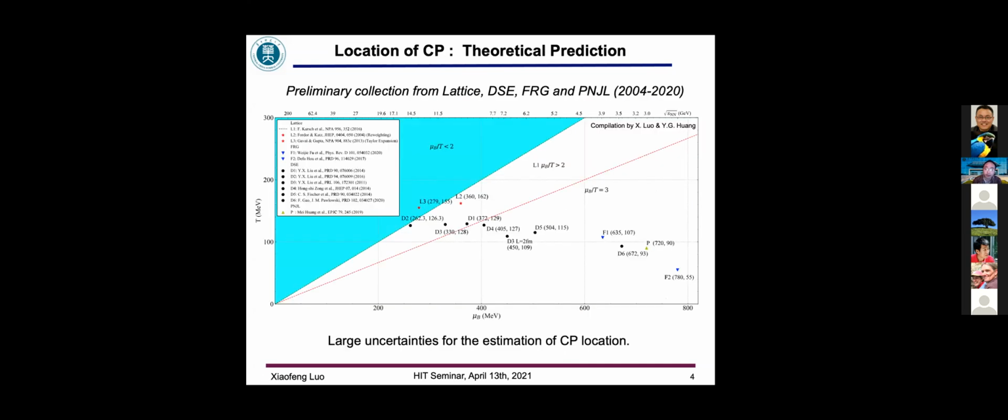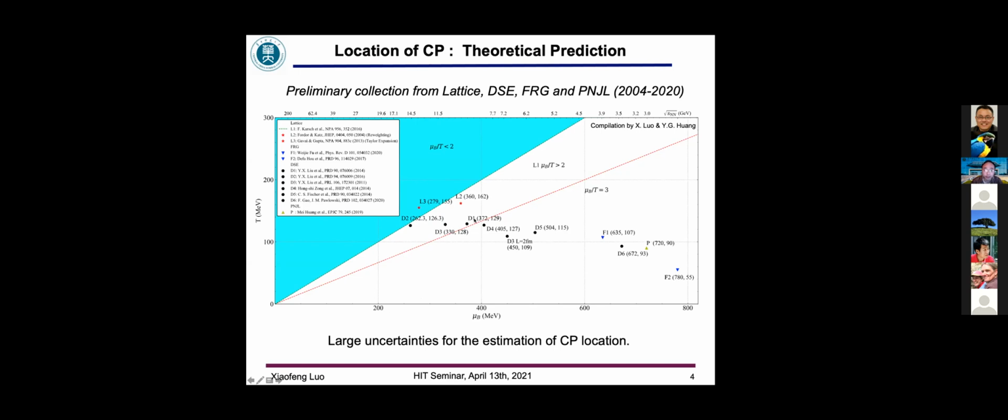From other approaches, for example the Dyson-Schwinger equation, FRG, and the PNJL model, there are also many estimations about the location of the critical point. I just did a compilation here. You can see in the early days from lattice calculations, the mu_B of the critical point is quite small, between 200 and 400 MeV.